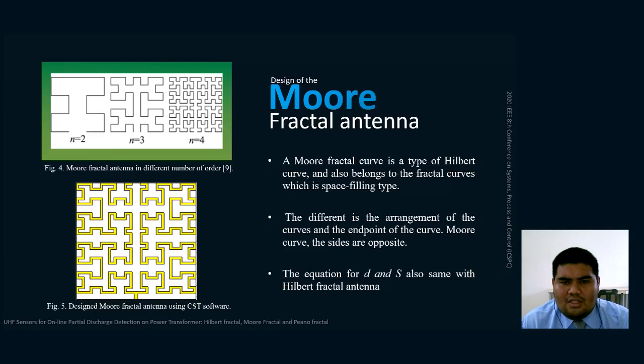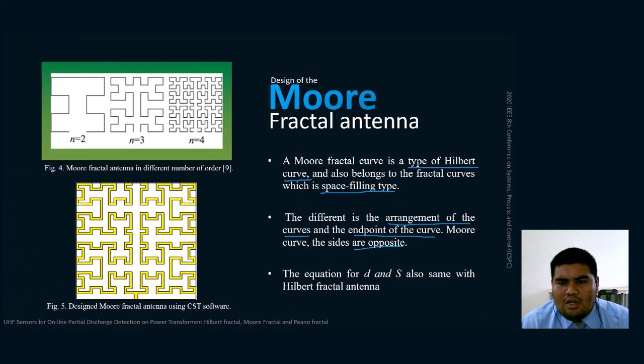Now I show the design of the Fractal antenna. This fractal curve is a type of Hilbert curve and also belongs to the fractal curve family. The difference between the Hilbert and this curve is the arrangement of the curve and the end points of the curve. For the Hilbert curve, the start and end of the curve are at opposite corners, while in this curve, the sides are opposite.